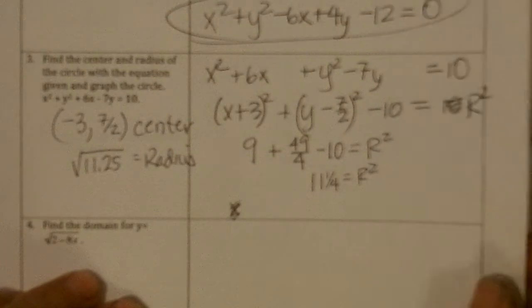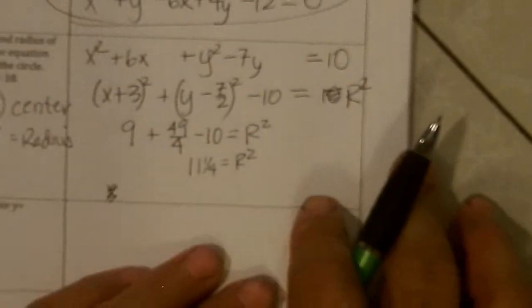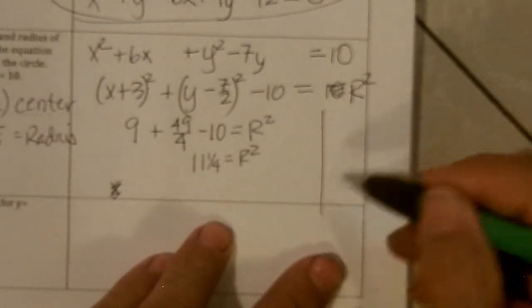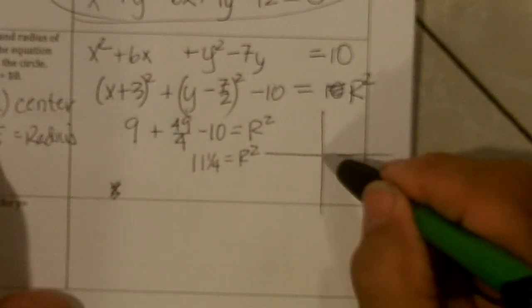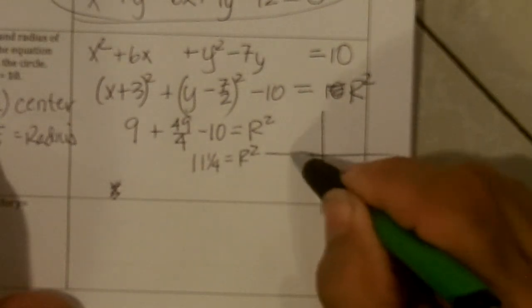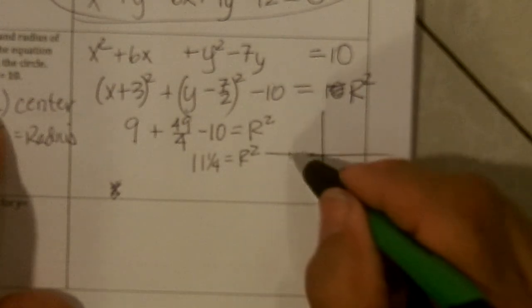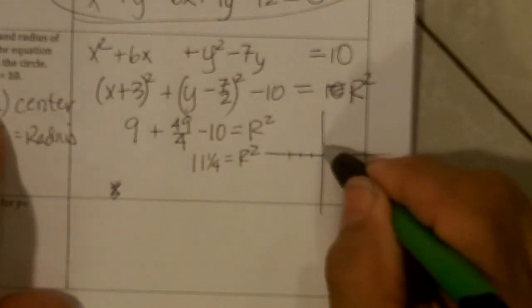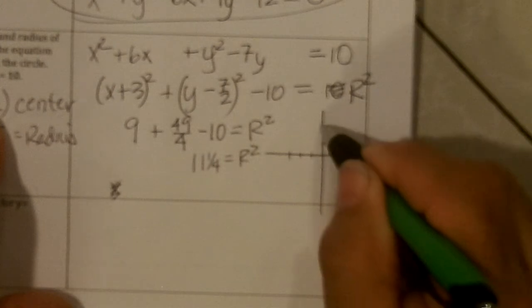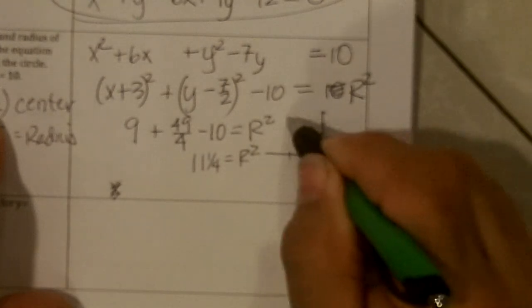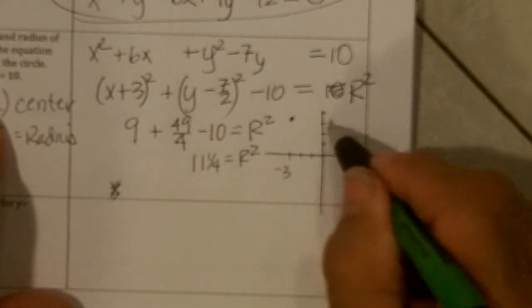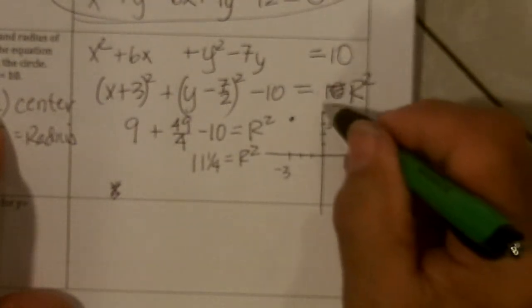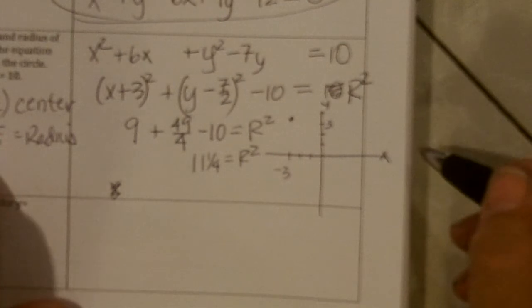And now I got to graph it. So I'll squeeze it in here. Negative 3, 7 halves is 3.5. There's the center. Make sure I put units on my graph, because I keep yelling at you guys to do that.